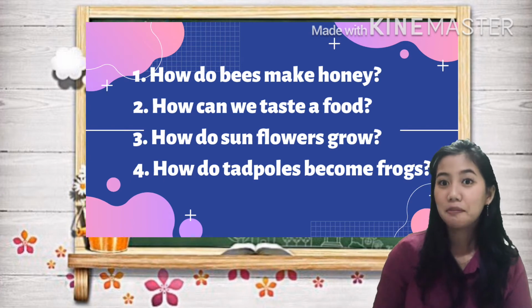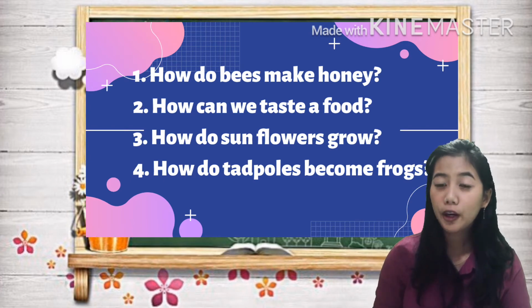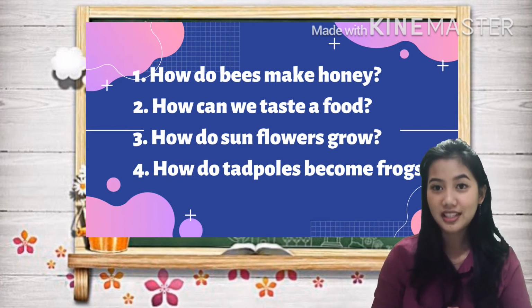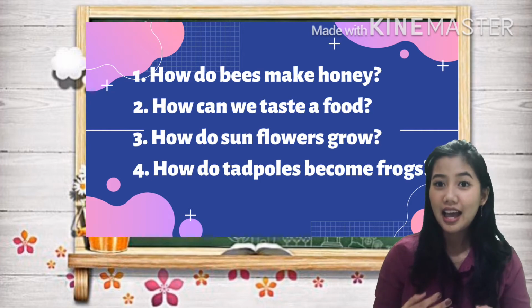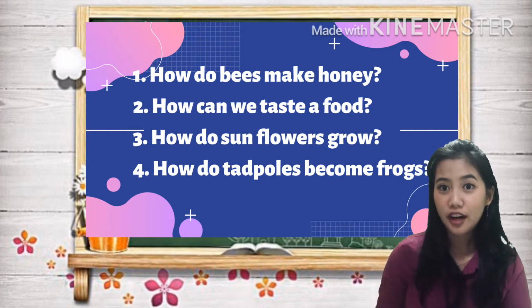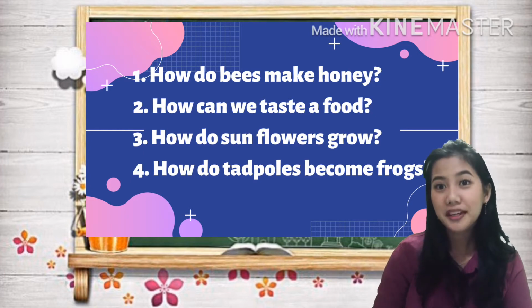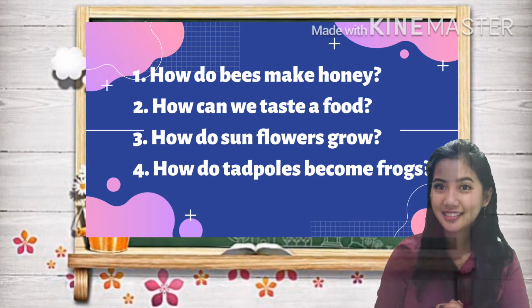Don't worry, because you will only pick one of these questions as the problem that you need to solve and also as the topic to write an explanation text. Okay, pick your choice now.